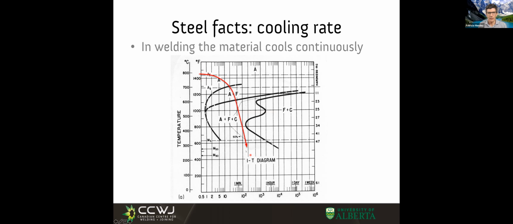I have a question here. Can anybody tell me why, I'm going to say it now, I'm going to cool down at a constant cooling rate, so many degrees per second. So I would like somebody to tell me if my cooling rate is constant, why the curve is bent like a banana here.